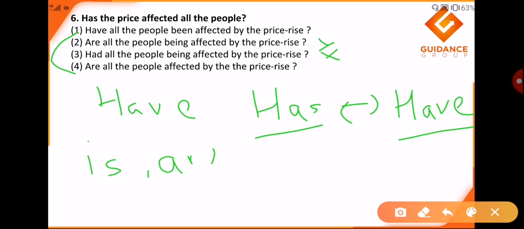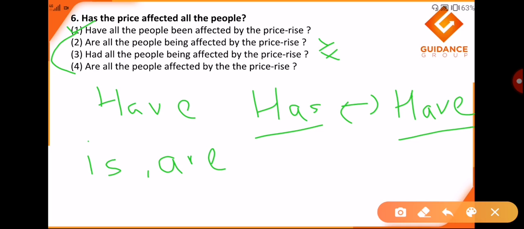Are will come for is and are, because is is used for singular pronoun, are is used for plural pronoun. Similarly has and have. If I want to replace has, it says have all the people, and all the people means the noun is plural, hence have will come. Are will not come because are will come in case the sentence starts with is, not when the sentence starts with has.